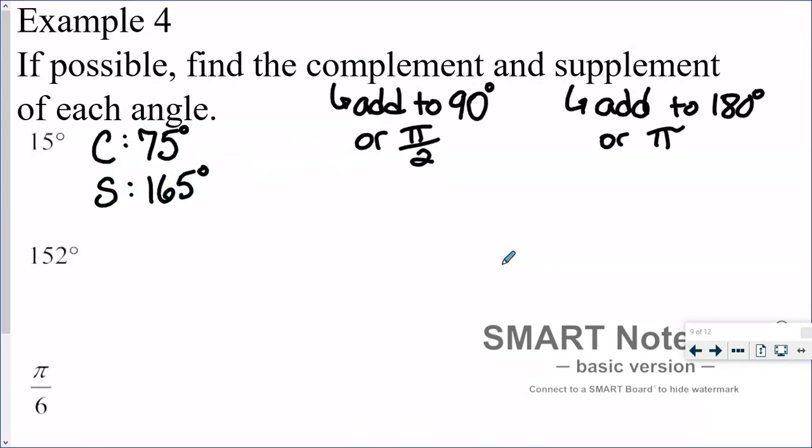Here, for the complement, we would actually say there isn't one, because I just said we can't use negative angles here, and there's no positive number that you can add to 152 to get 90. It does have a supplement, however, which is indeed 28 degrees.